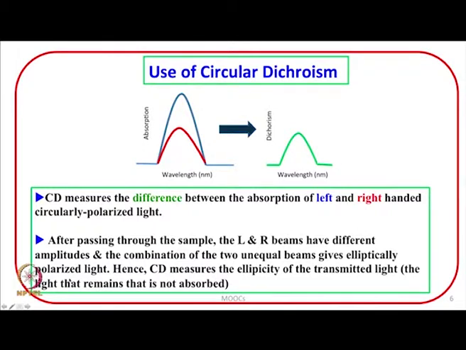I suggest you go through the principle of circular dichroism spectroscopy if you would like to learn in more detail how the elliptically polarized light is obtained. Hence CD measures the ellipticity of the transmitted light, the light that remains, that is not absorbed, and pictorially it is represented in this figure.